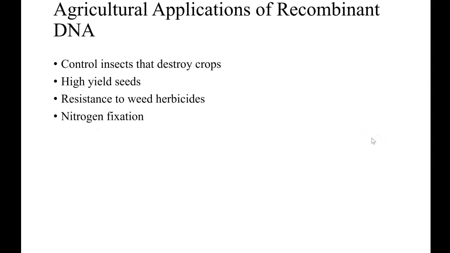We can also use it in agricultural applications, so making crops with high yield seeds, maybe genetically engineering plants so that they are resistant to pests. Also controlling the pest population and insects.